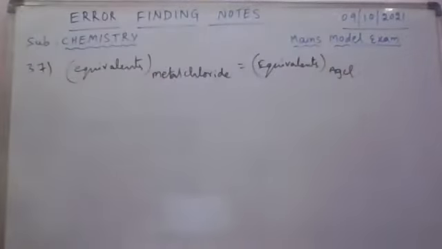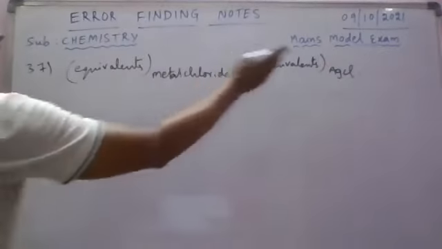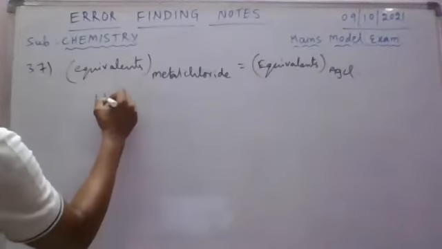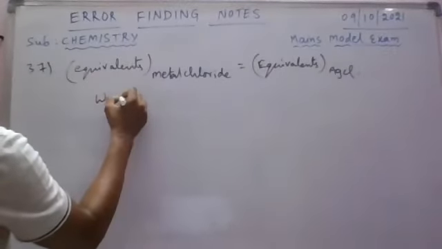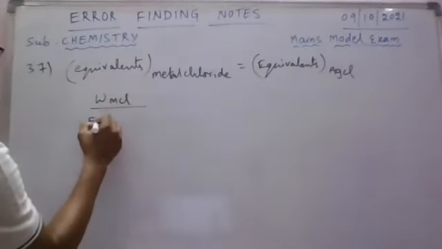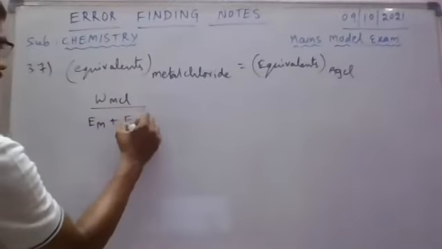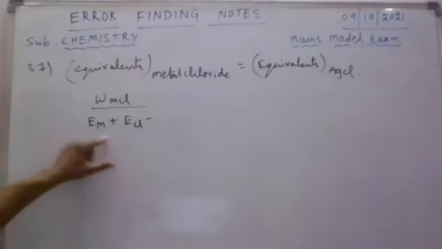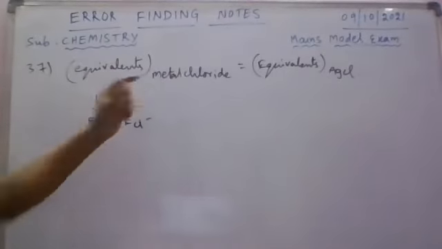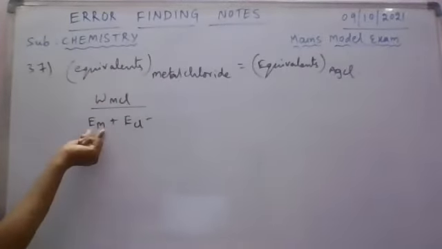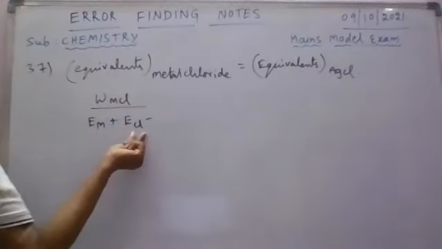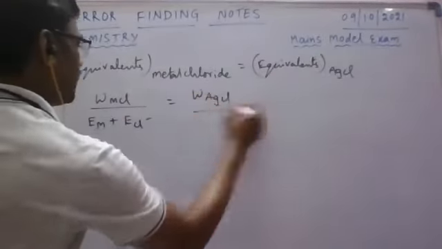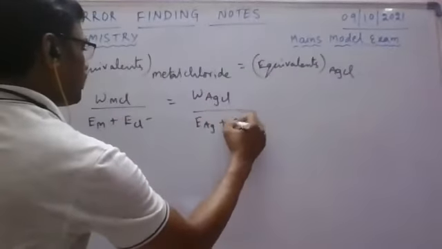The metal chloride is converted into silver chloride. So equivalents: weight of metal chloride divided by equivalent weight of metal plus equivalent weight of chloride. Generally, equivalent is equal to given weight by gram equivalent weight of the compound. The gram equivalent weight of the compound is written as the gram equivalent weight of metal plus equivalent weight of chloride. So on the RHS, weight of silver chloride by equivalent weight of silver plus equivalent weight of chloride.